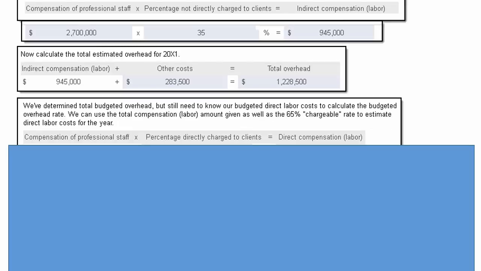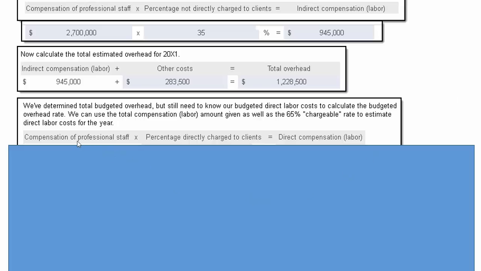Okay, now I've moved the screen again so that we can continue to work on this problem. So right here it says we've determined total budgeted overhead. That's the $1,228,500. But we still need to know our budgeted direct labor cost to calculate the budgeted overhead rate. We can use total compensation, as well as the 65% chargeable rate, to estimate total direct labor costs for the year.